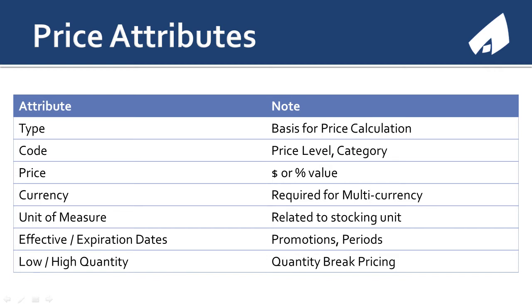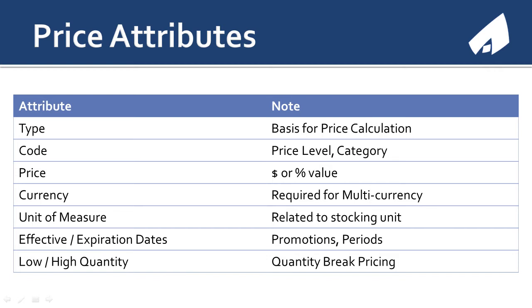This tells the program what price level or category to use on the sales order. The price itself can either be an amount or % of a specified value. Keep in mind the % is going to be a whole number rather than a decimal, so this means that 50% would be 50 rather than 0.50, with the % being off a cost or the list price.